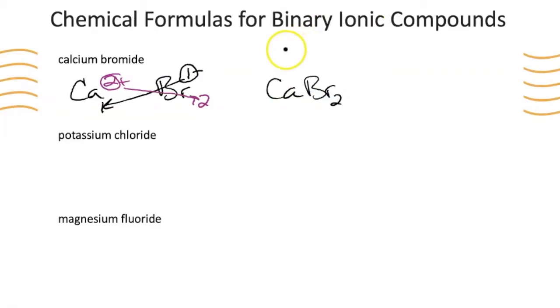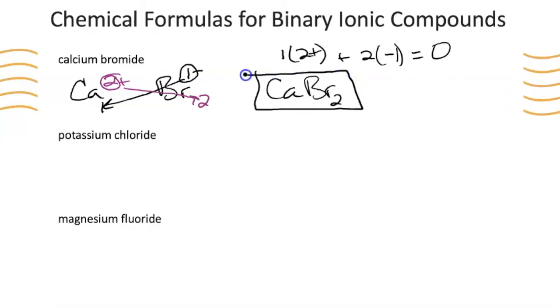If we do a check, we have 1 positive 2 plus 2 negative 1s, and that gives us an overall charge of 0. So our chemical formula for calcium bromide is CaBr2.